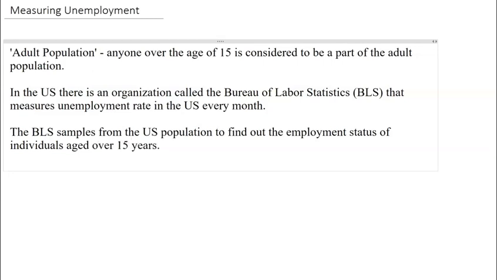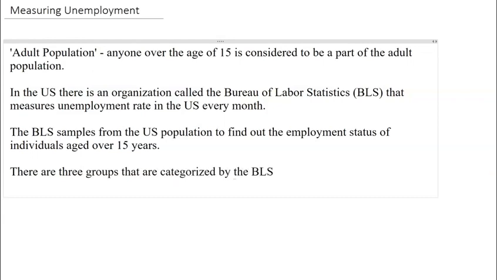So the BLS takes a sample from the US population, sends them a survey, asks them questions, and from that survey, the BLS figures out what the population is like, who's working, who's not working. Based on the result of the sample, there are three groups that are categorized by the BLS, or by the statistical agency if it's another country.